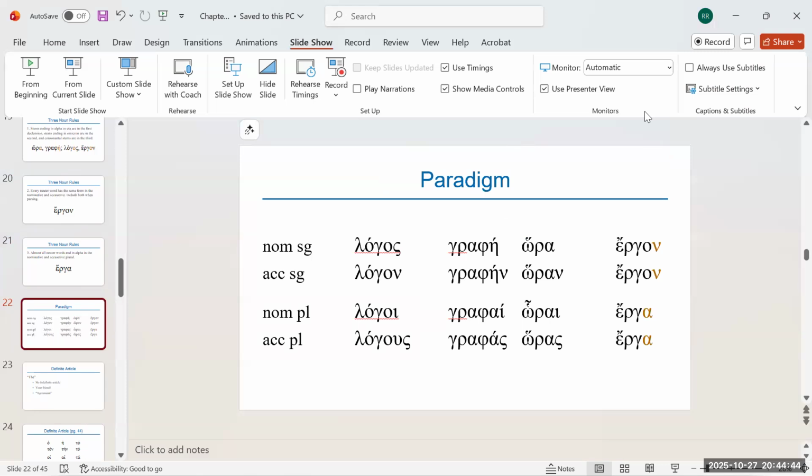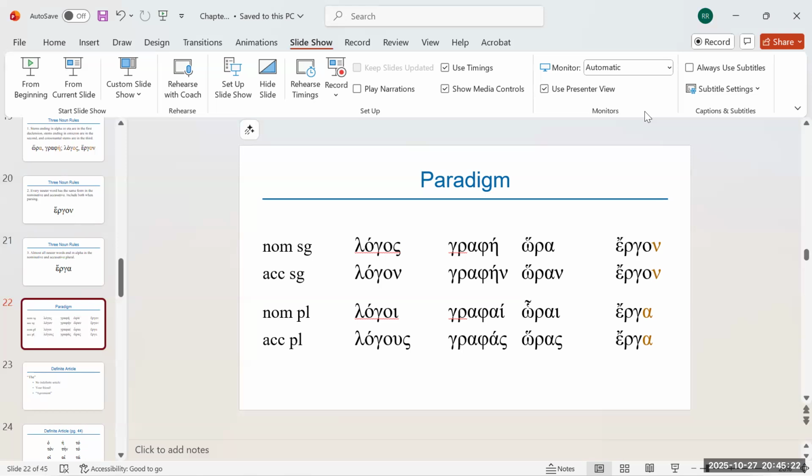Logos is masculine. Graphe and hora are feminine. They're two feminine words, and there's two of them because we want to show you that some feminine words end in an eta and some feminine words end in an alpha. But the rule is, if you think about it, they're both ending in that A sound, right? Eta or alpha, it's like a long or short A, essentially, if you think about it from an English grammar perspective. So logos, graphe, hora, and then the neuter would be ergon.